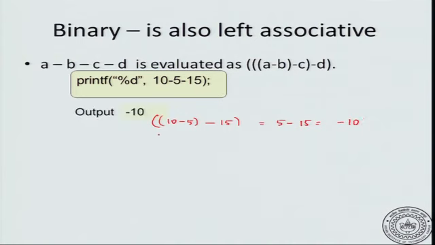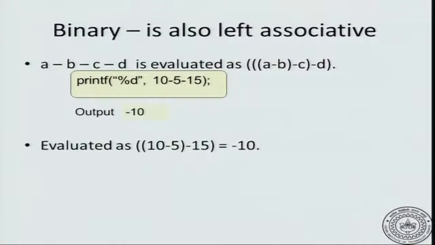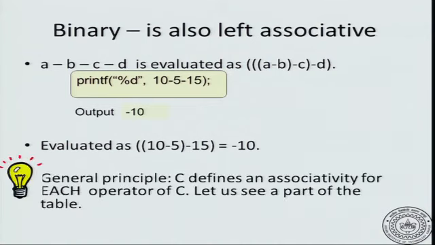Whereas, if the parenthesization had been in the opposite way, it would be 10 minus (5 minus 15), in which case it will be 10 minus minus 10, which is 20. Notice that this is not how you are supposed to do it even in mathematics. So, the way that C handles the associativity of the binary operation is correct. The correct parenthesization is 10 minus 5 and then minus 15.